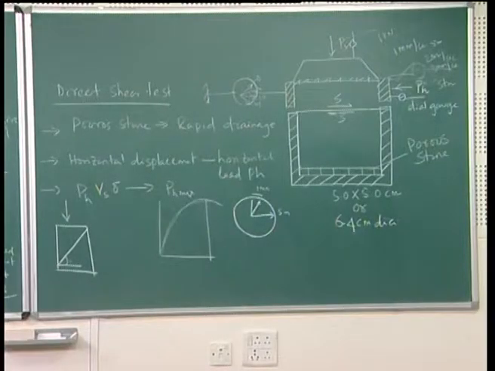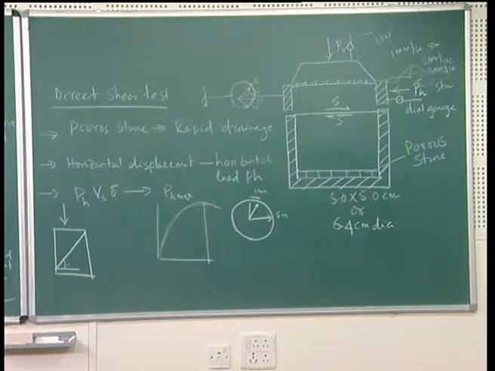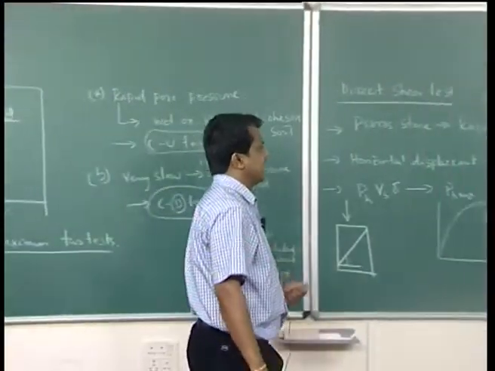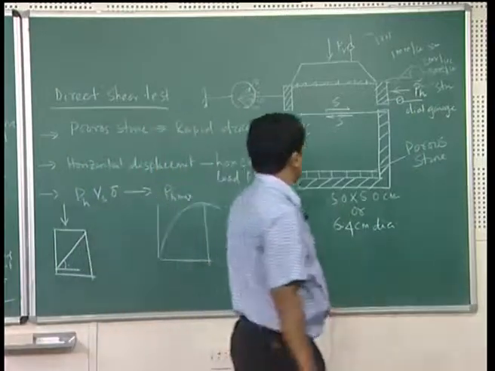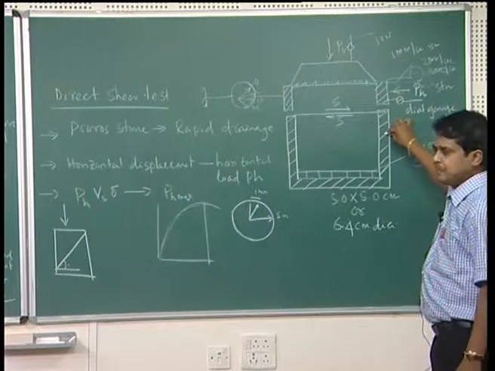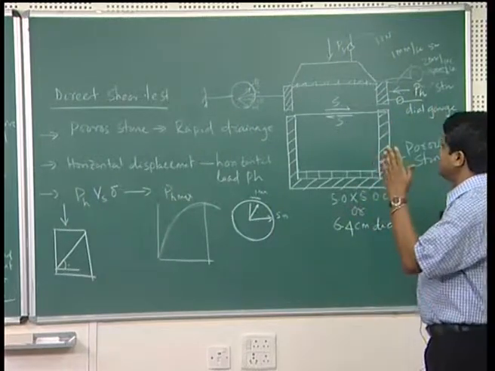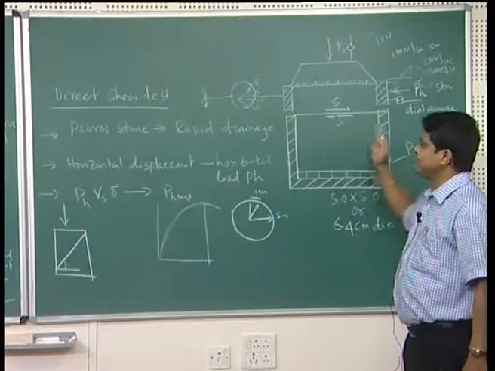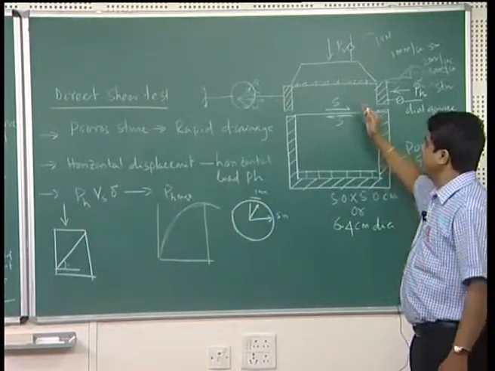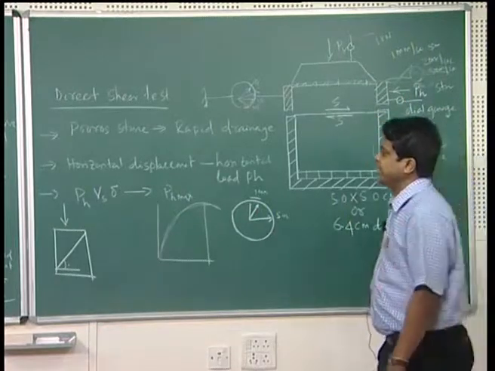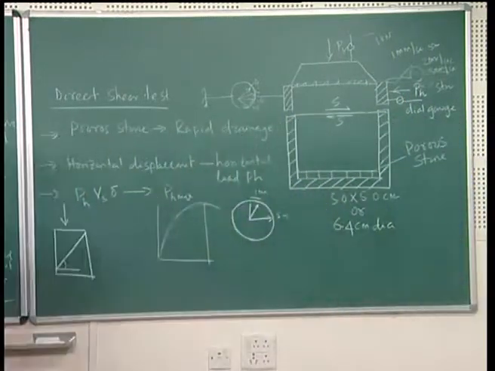If I compare the direct shear test with the triaxial test, what is the drawback in the direct shear test? In the direct shear test, the confinement is fixed, so there is no lateral pressure. Only vertical pressure is there. This is the major drawback in the direct shear test.